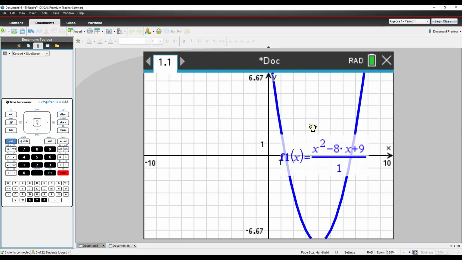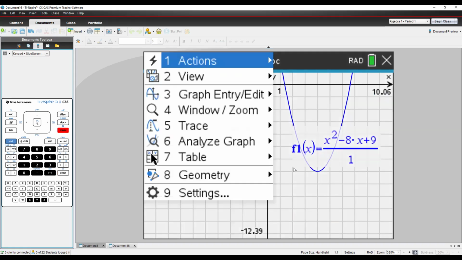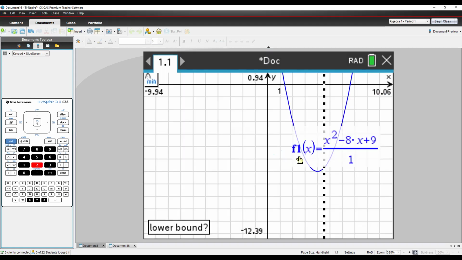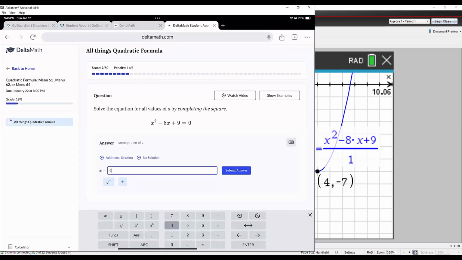I'm going to bring the graph paper up, and then I'm going to do menu 62, lower bound. So the answer is going to be x equals 4 plus or minus the square root of a positive 7. That's our answer. So that's what I'm going to enter here: 4 plus or minus the square root of 7.